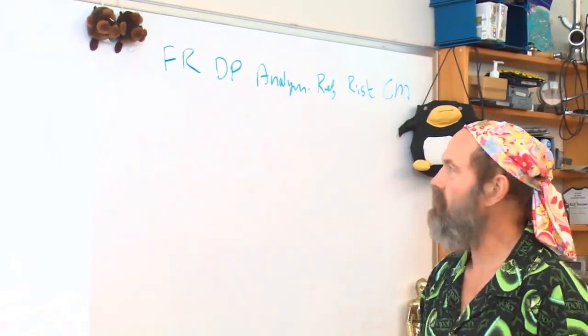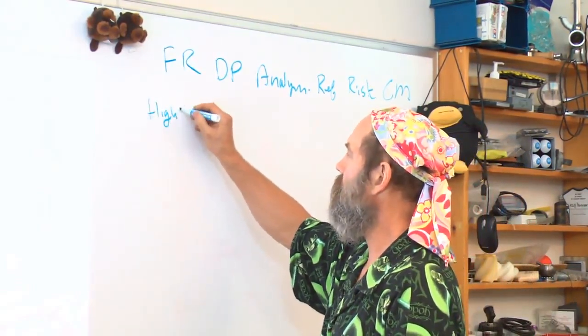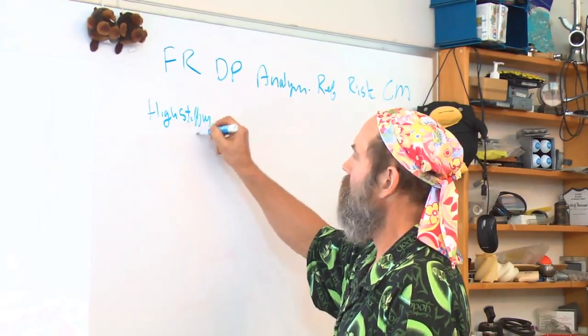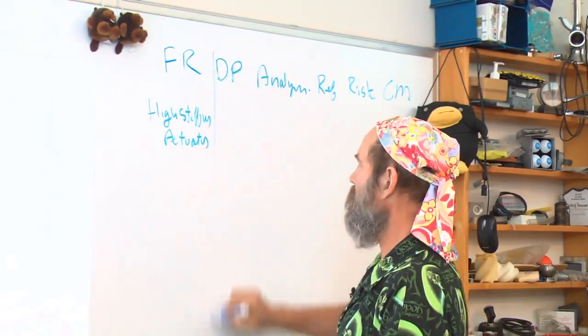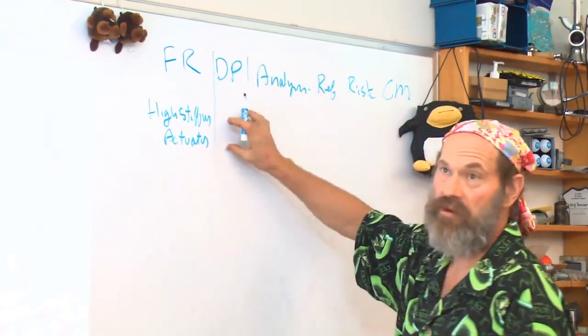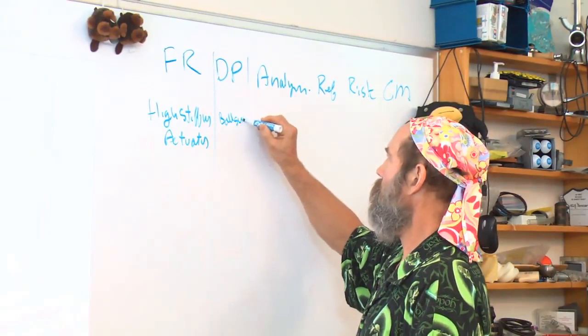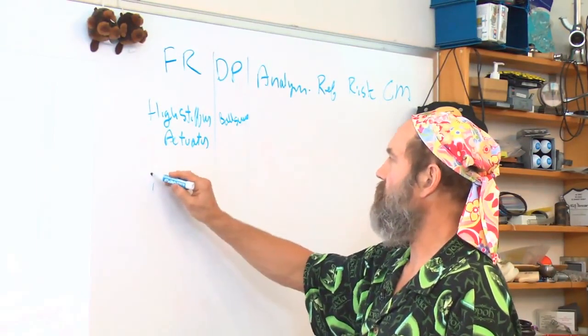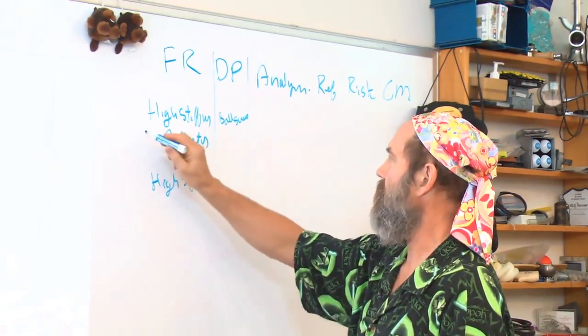Watch what happens here. If I make as a functional requirement, I need a very high stiffness actuator. Design parameter for that would be, in other words, what way you can achieve that would be, say, a ball screw. I also need a very high speed linear actuator.